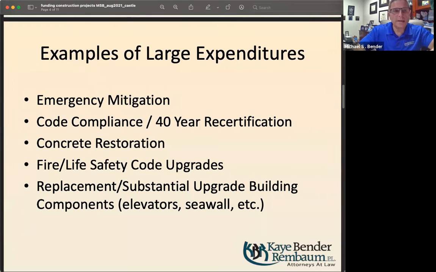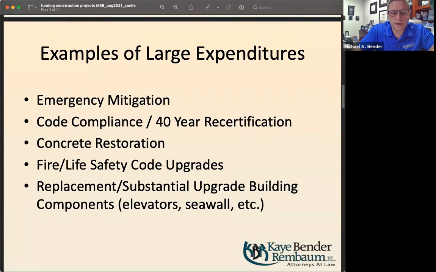So with that, I will very briefly talk about the first couple of slides. We're talking about large expenditures, and large obviously is relative to your community. I'm not going to suggest a dollar amount here, but some examples of large expenditures are listed there. The first item is self-explanatory, and the second item has become a lot more front page news, if you will, due to the recent tragedy that we had here in our neighborhood at Surfside.